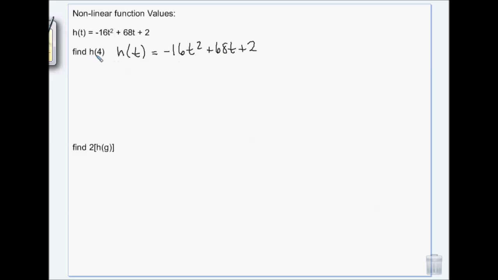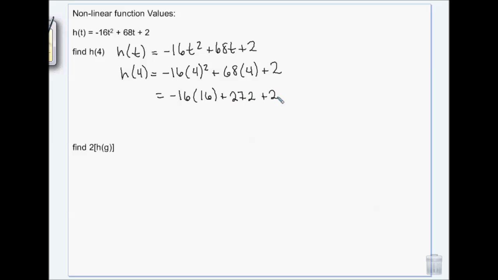Except here, instead of h of t, I want to try to find h of 4. So everywhere there's a t, I'm going to plug in a 4. Okay. So I get the 16 from 4 squared, and then 68 times 4 is 272.